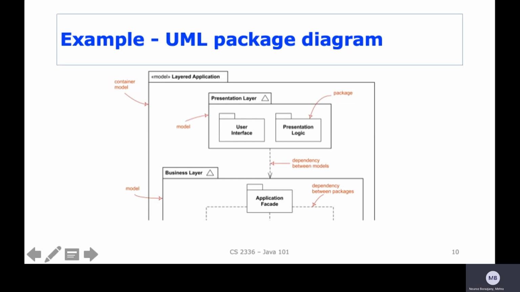So this is the package diagram that we can draw in the UML diagram whenever your application gets really big, to show the organization and how we organized different parts of our application.